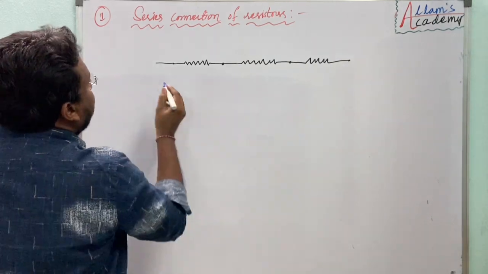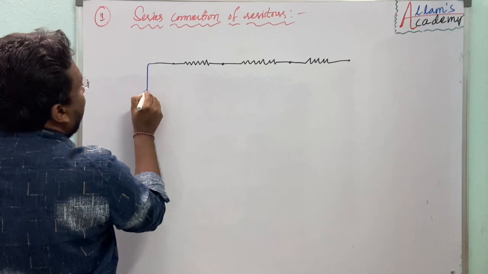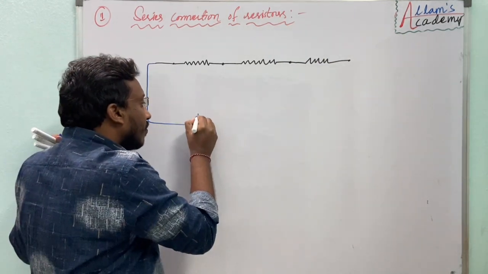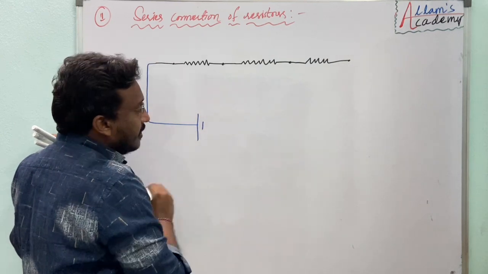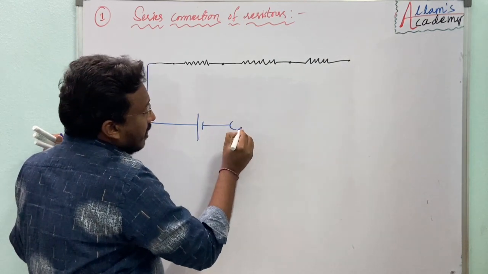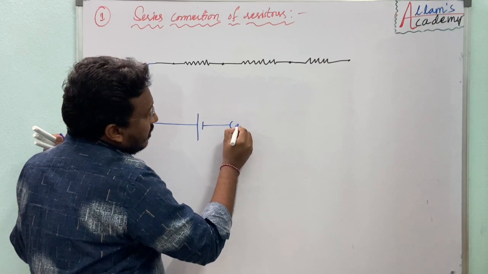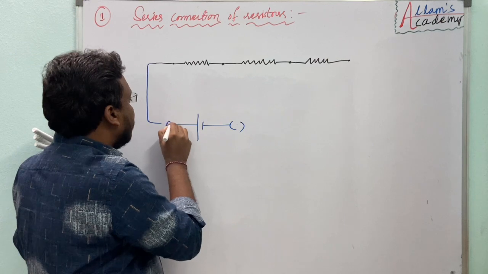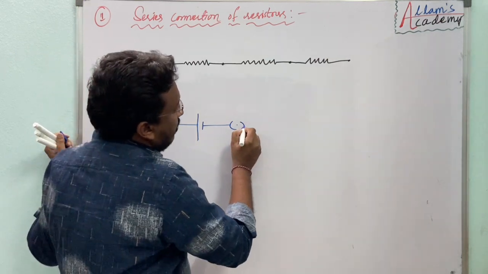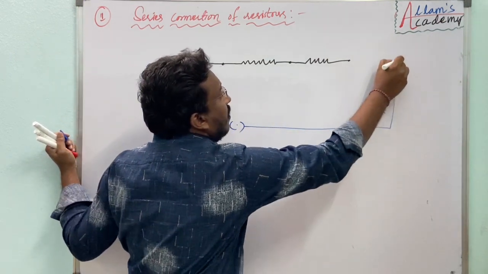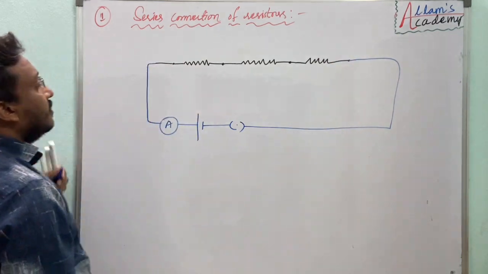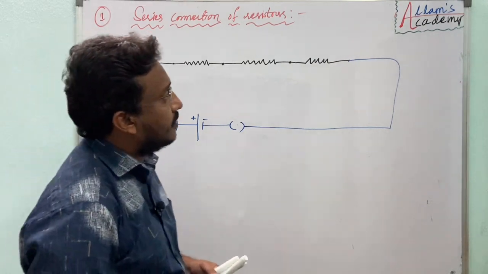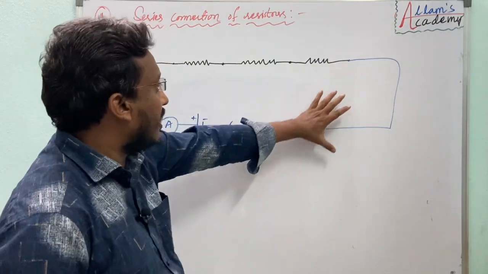And this is connected to a copper wire, a battery, a switch and an ammeter, like this. Okay, this is the one circuit.